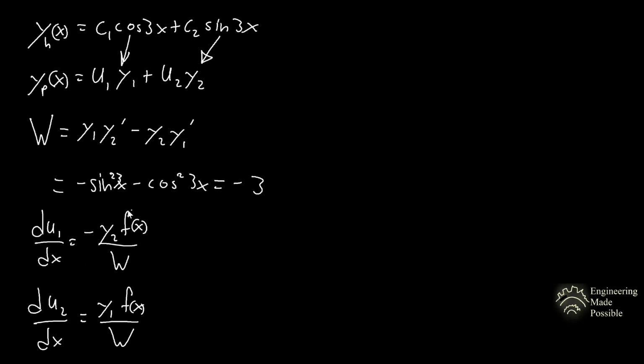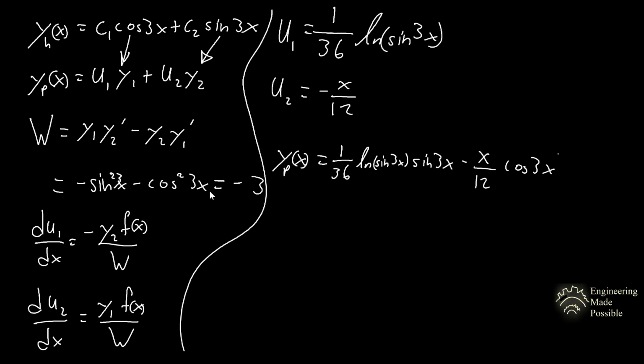Now we just plug into these formulas the du with respect to x. Of course, your f of x would be the right-hand side of your original differential equation. You multiply and you solve for each, and then once you end up integrating, you have u1 is equal to 1 over 36 natural log of sine 3x, and u2 is equal to negative x over 12. So your particular solution would be 1 over 36 natural log sine 3x times sine 3x, take away x over 12 times cosine 3x.